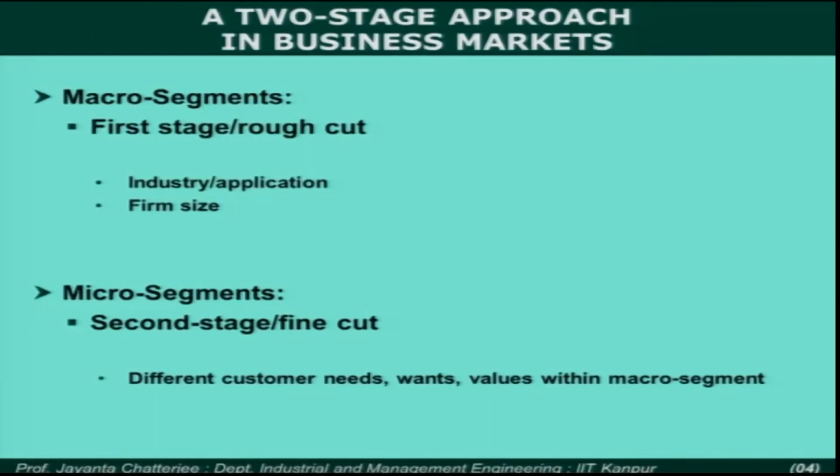The important point is both macro and micro are useful techniques for B2C markets, that means business to consumer markets, as well as B2B, that means industrial business to business markets. And there can be overlaps between segments, like here you see geographically segmented.